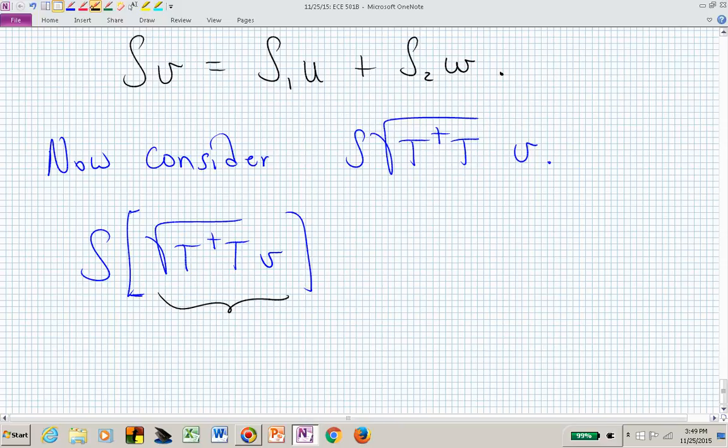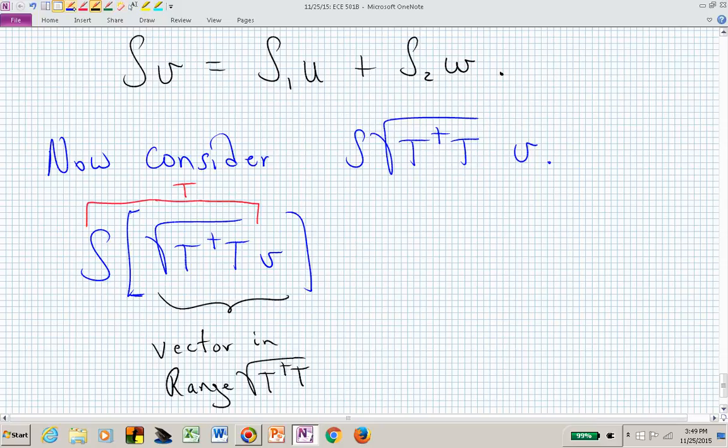This is our original definition of our map T, but inside the square brackets, where does that vector live that will be operated on by S? Well, this is just a vector in the range of this square root of T dagger T.